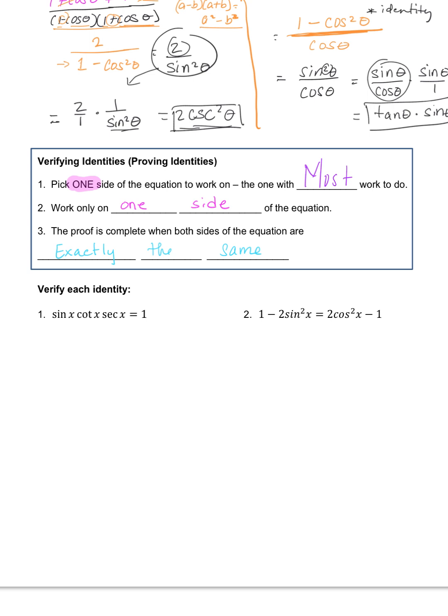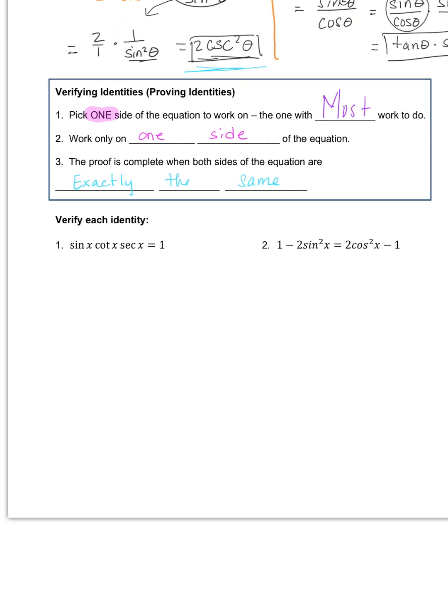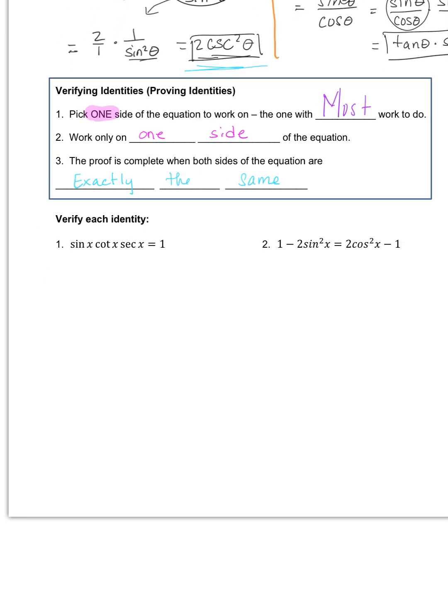Up here at the top, you do all the work and you get one little answer like this, and that's usually it. But over here, it's going to be different. The work is the answer. There's no circling what's left at the end. Everything that you do for these problems on verifying identities, the work is your answer. So when I look at them, I'll look at how you did it, make sense, and so forth.